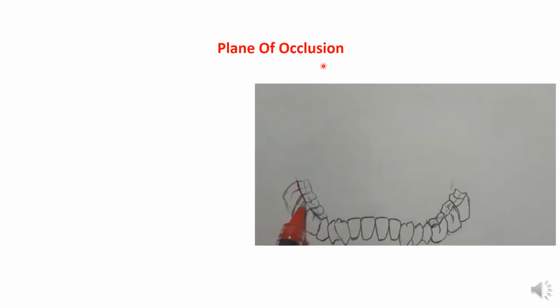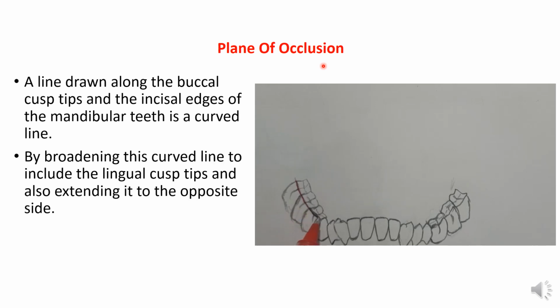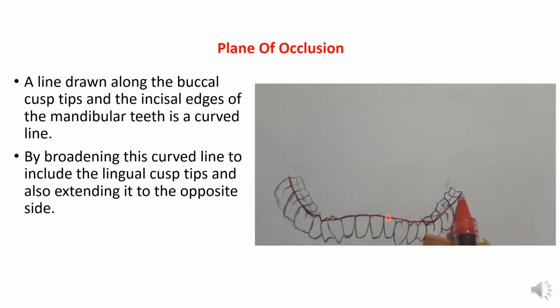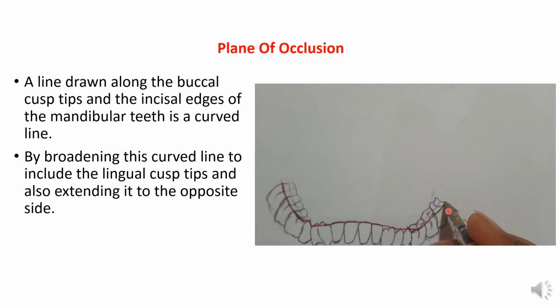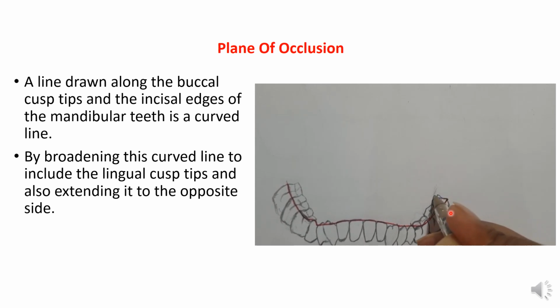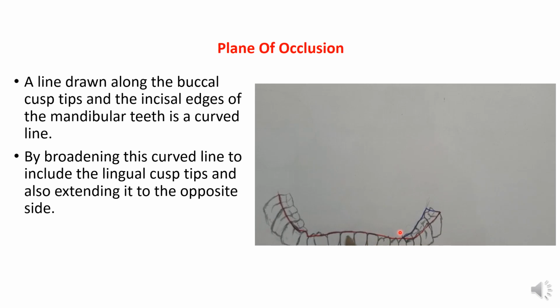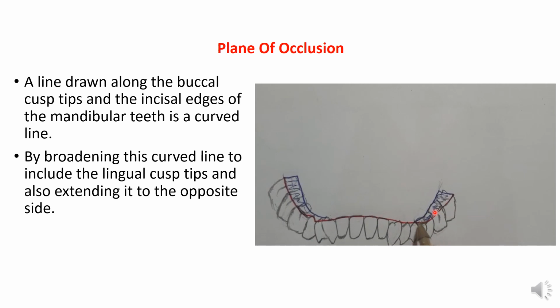Next, let's see about the plane of occlusion. What do you mean by the plane of occlusion? We are drawing a line along the buccal cusp tips and the incisal edges of the mandibular teeth, and it's a curved line as you can see. Then we broaden this curved line to include the lingual cusps, and we get an occlusal table on the occlusal surface.